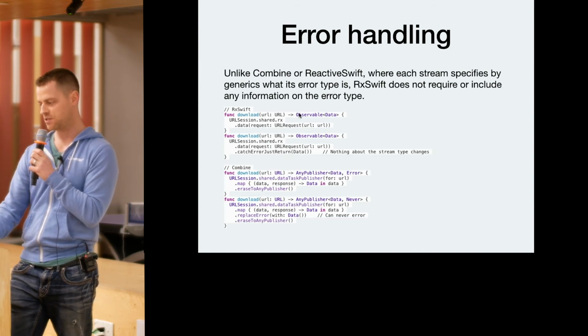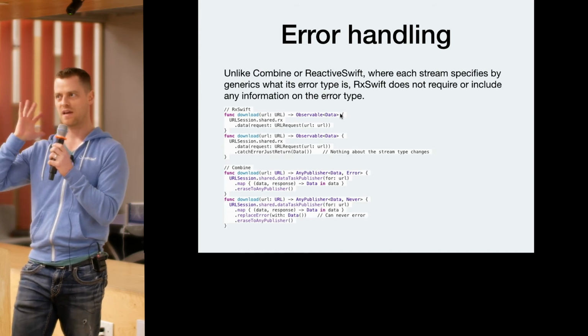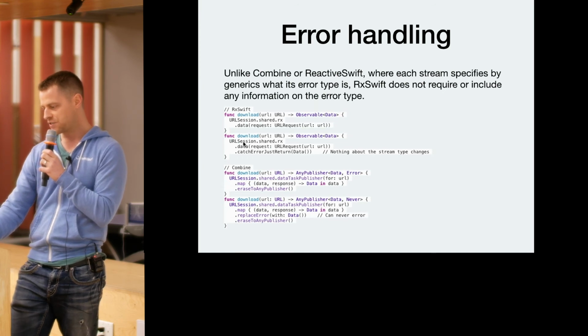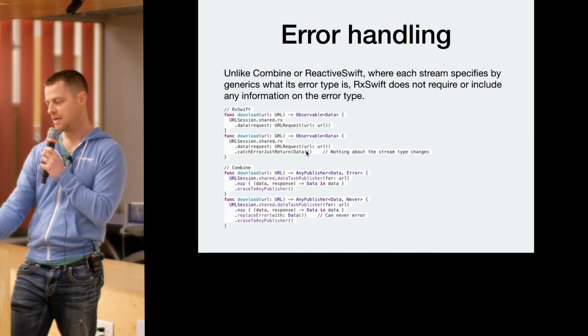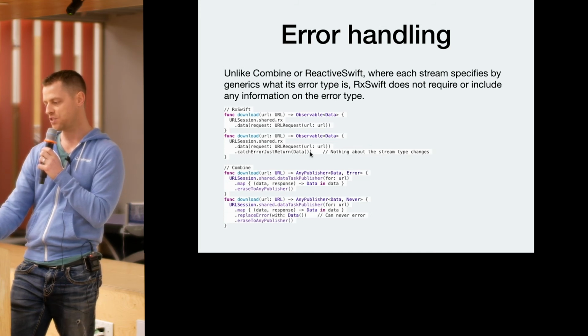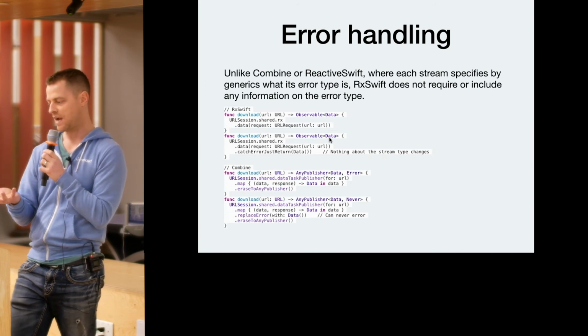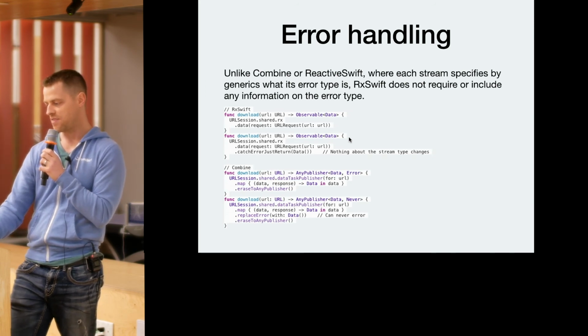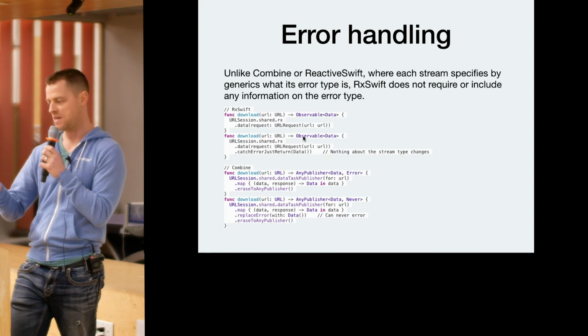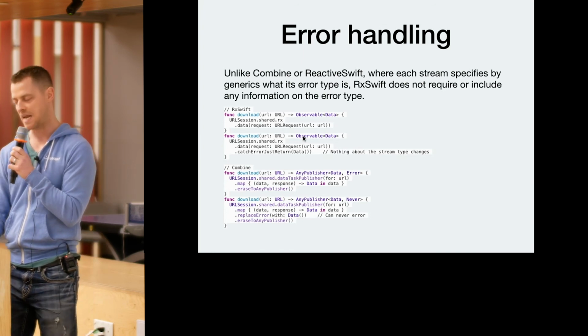My type is just Observable of Data, nothing about the error in the type at all. Here's another version where I actually catch the error and return empty data. So the stream returned from this function cannot error. It will never error. But nothing about the type is different. There's no indicator to calling code that that's been handled.